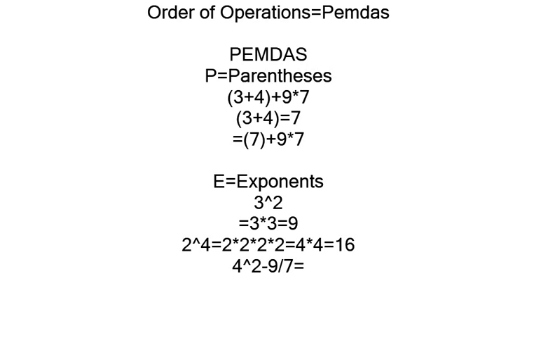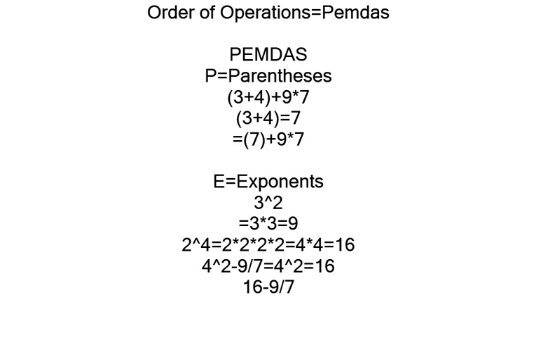So let's move to the second letter, exponents. I see there's a 4 to the power of 2, so let's solve that part first. 4 to the power of 2 is equal to 16. Let's bring that down. Then we have 16 minus 9 over 7. That covers the exponent part of PEMDAS. Let's move on to the next part.